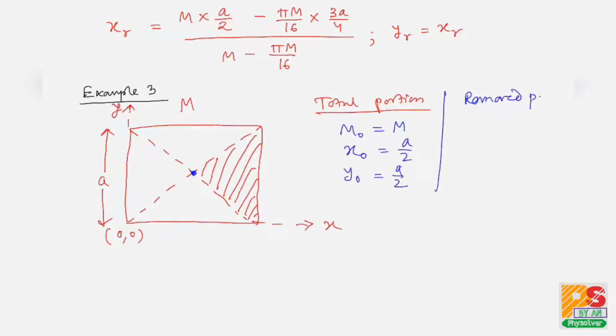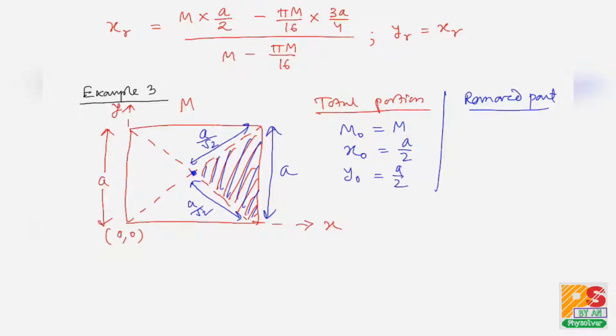See students, this triangle is not an equilateral triangle. This is basically an isosceles triangle. This side is a, this side is a by root 2, and this side is a by root 2.